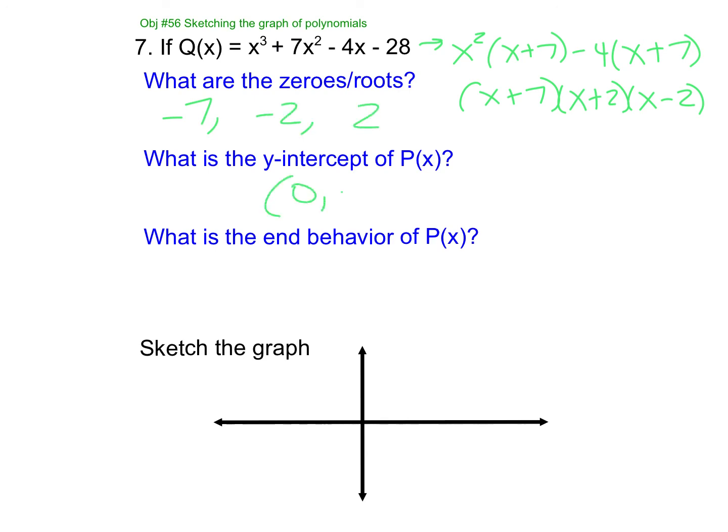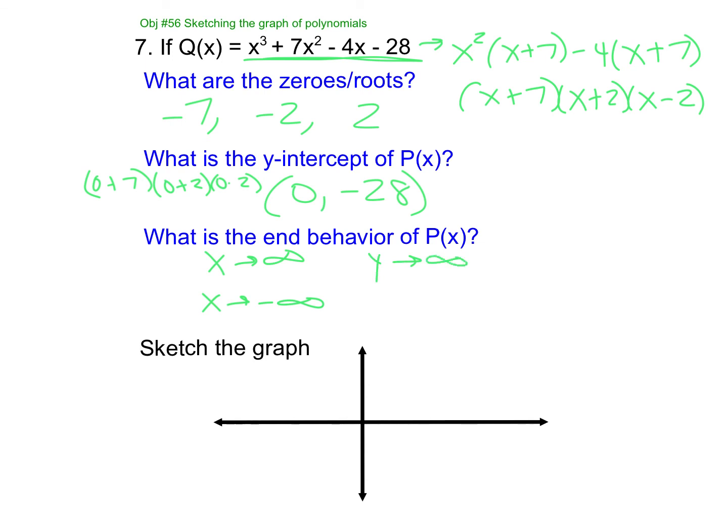Our y-intercept is negative 28. You can either plug 0 in like we did before, right? 0 plus 7, 0 plus 2, 0 minus 2. Or if you look at this, if you plug in 0 for all the x's, you're left with negative 28. And then end behavior is going to be the same as the last one because it's the same problem pretty much.